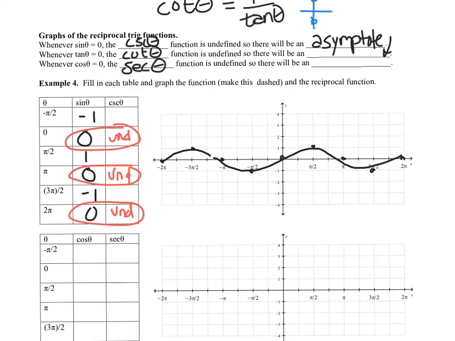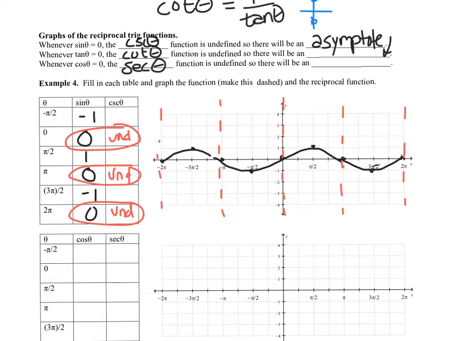Okay, so I'm going to draw my sine function. And then for my cosecant of theta, I'm going to draw in the vertical asymptotes. So there's going to be a vertical asymptote whenever it's going through the 0.